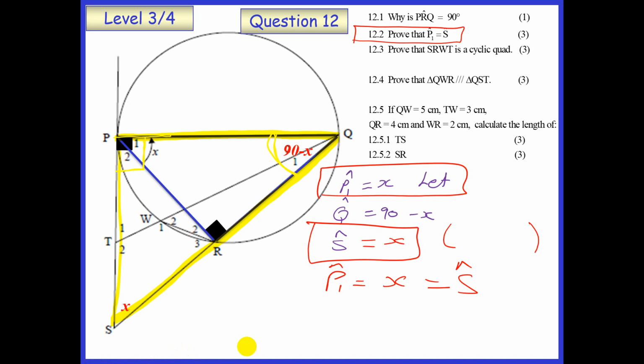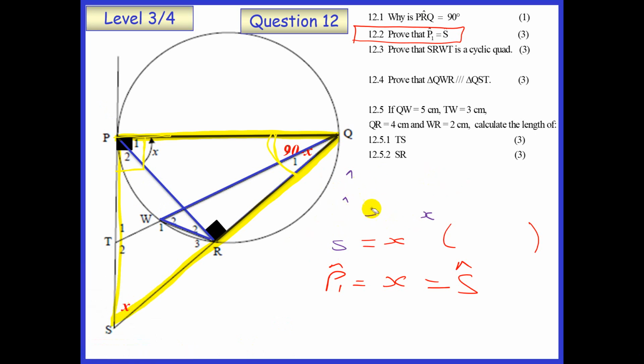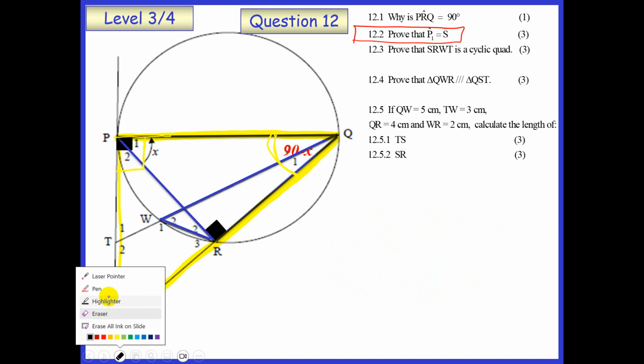Next question. Looking at the next question, I just want to erase this first. Okay, look at the next question here, we want to prove 12.3.